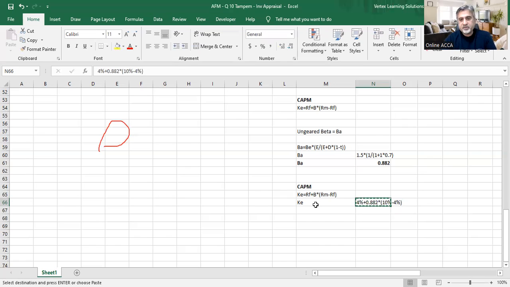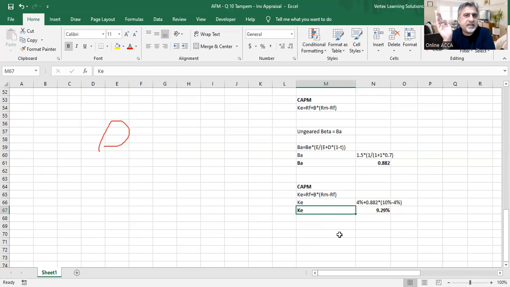So equity shareholders are happy with 9.29%. Before they were asking 13%, and that expectation was because of the additional debt in the project. If there is no debt, 9.29%. I can assume it as 9%, because in the exam you will be given tables for 8%, 9%, 10%. So let's assume it to be 9% and then find the value.